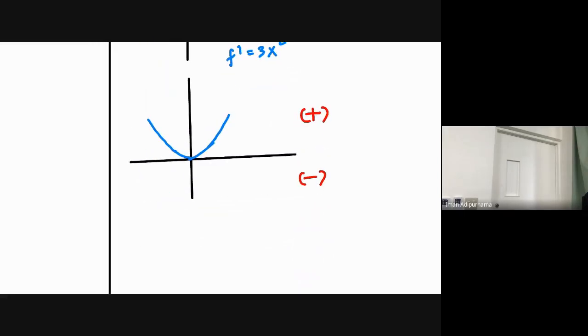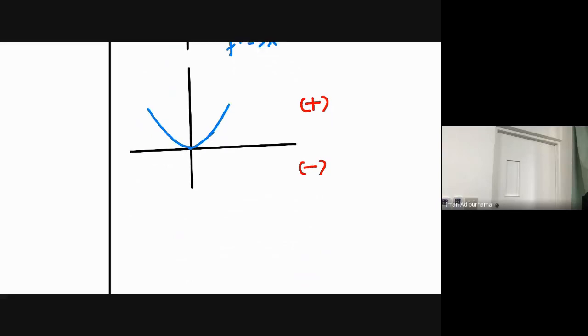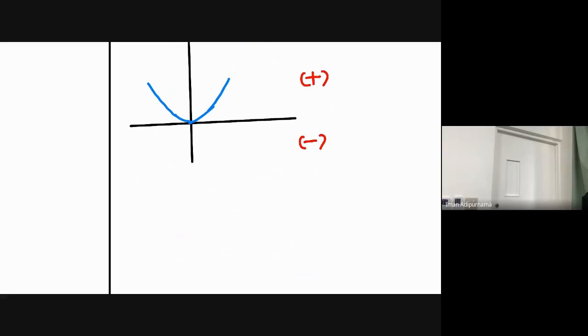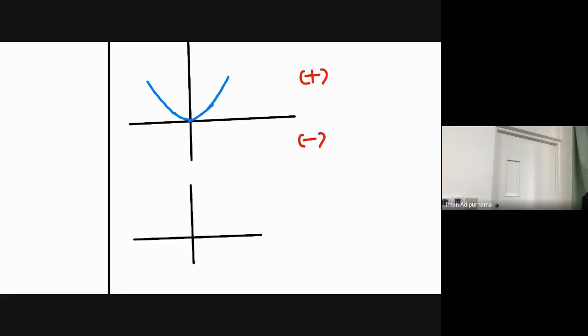Now let's say we need to derive once more, the second derivative. What is happening here? The same principles.